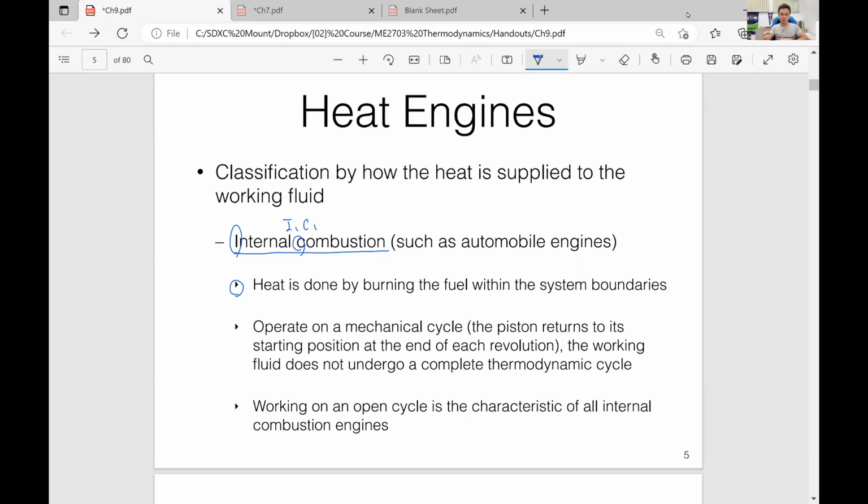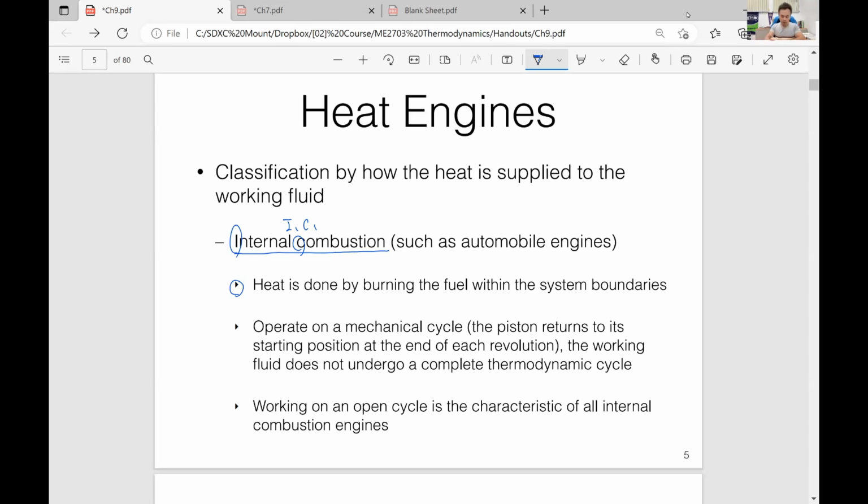Later we will talk about external combustion. It's about where the combustion takes place: internal combustion means the combustion takes place internally within the system boundaries, and external combustion means the combustion takes place externally, outside of the system.